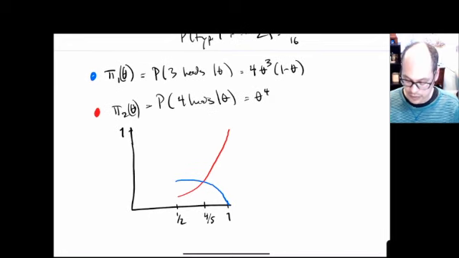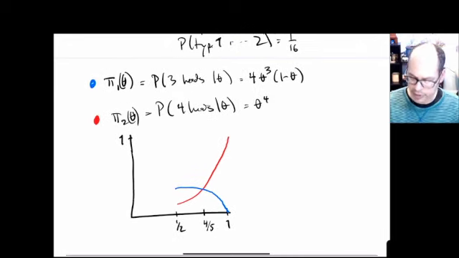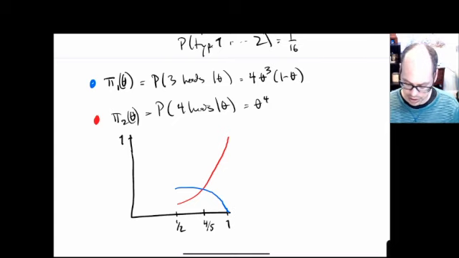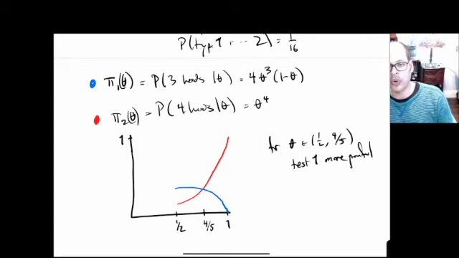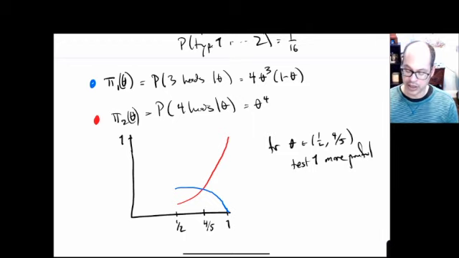Okay. So what do we see from this plot? We see that for theta in this interval of roughly 1/2 to 4/5 or so, test 1 is more powerful. So if the coin is closer to fair but still a bit unfair, then we're more likely to conclude that it's unfair for those values of the parameter.